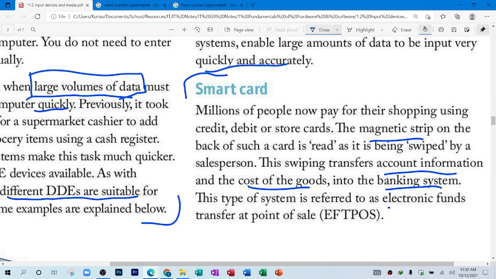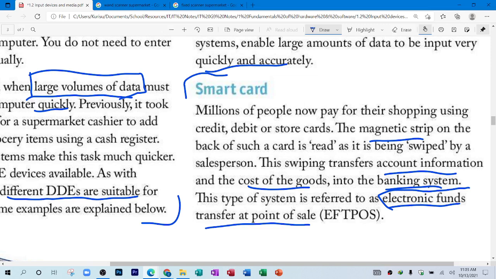The other one, electronic funds transfer at point of sale, is basically the same. You're making a purchase, you're selling items, whatever the case may be. But how does the money get transferred? If you notice the first part here, electronic funds transfer, the funds, the money, is going to get transferred electronically.